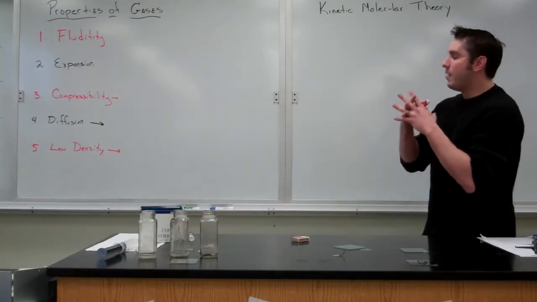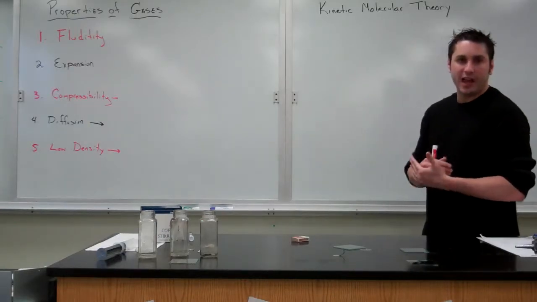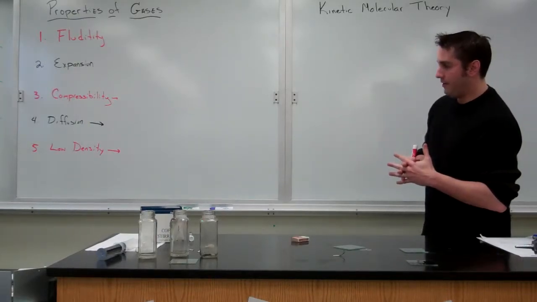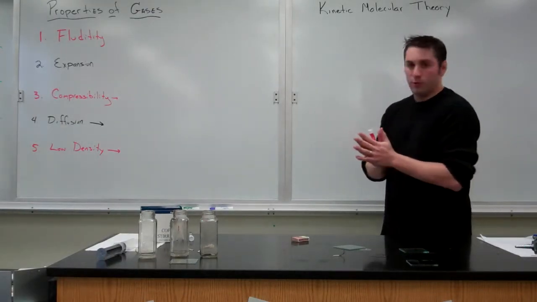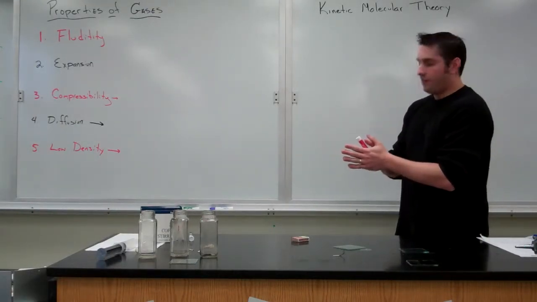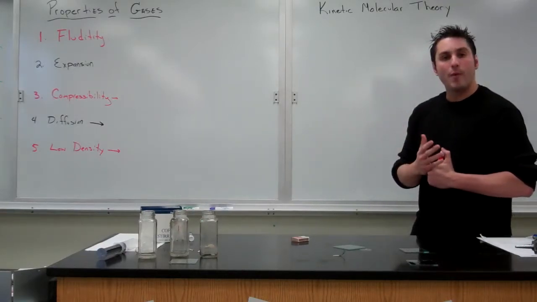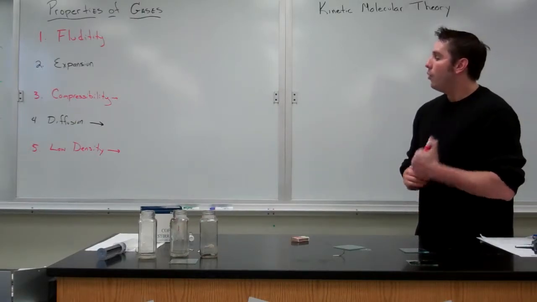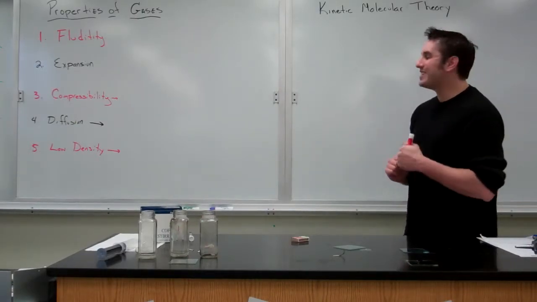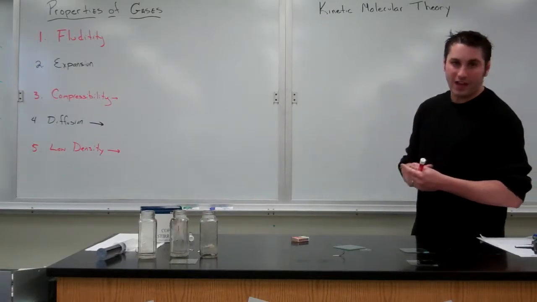Gases have a markedly lower density than their liquid or solid counterparts. If you think about it, gases tend to float in many different substances, whether it be liquid or in the air itself. And if you remember from back at the beginning of the year when we discussed density, we said that floating and sinking has everything to do with something's density being less than or greater than another's.